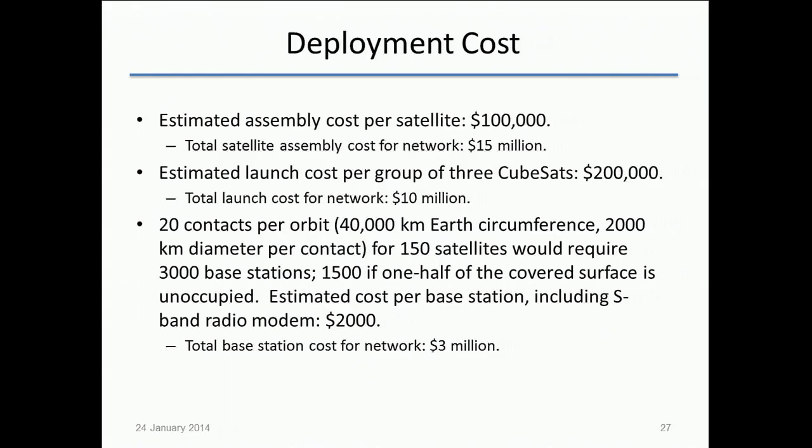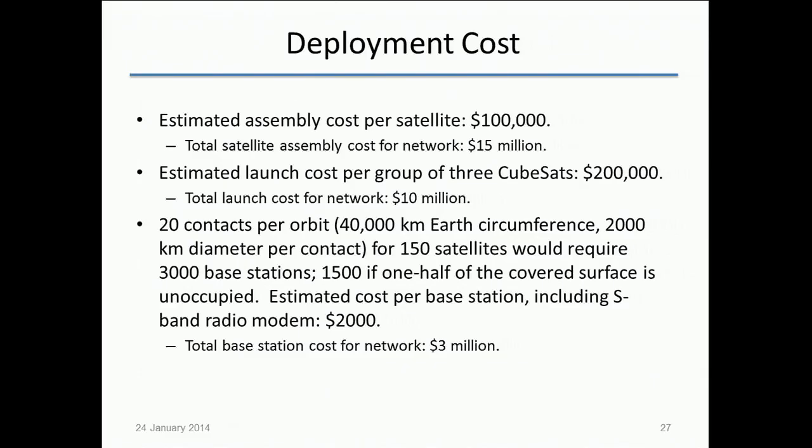So we're estimating here an assembly cost of $100,000 to allow for maybe it's a 2-unit instead of a 1-unit device. Maybe there's an expensive radio. It's a rough estimate, and it could easily be off by 50% either way.